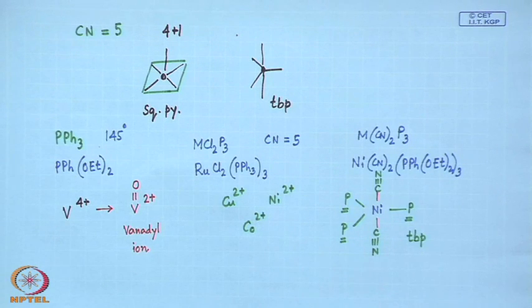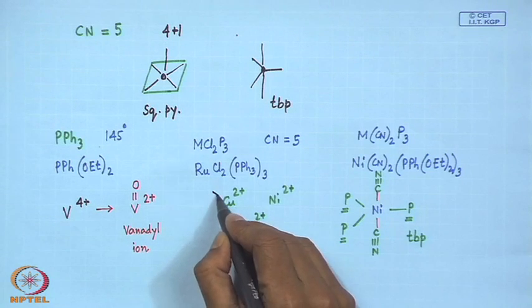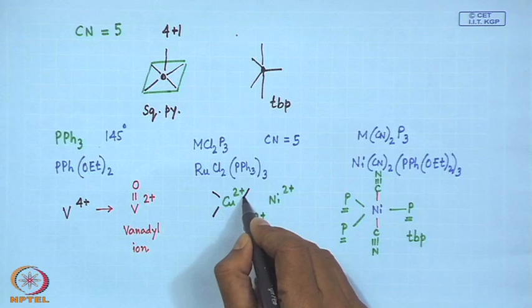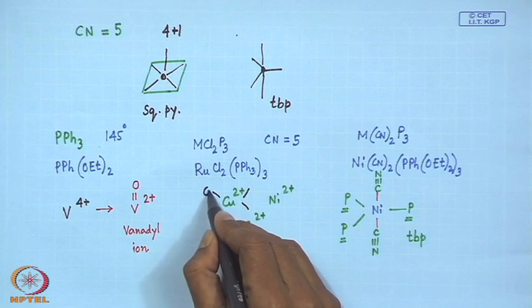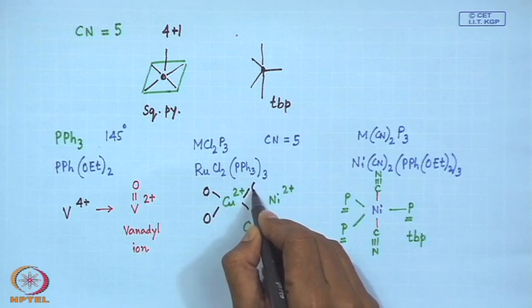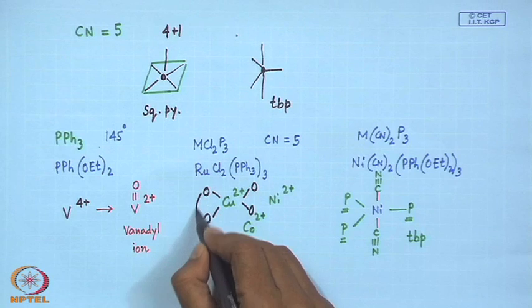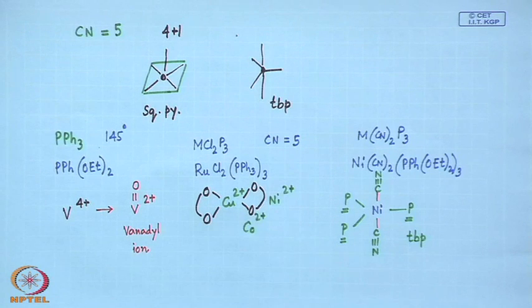So, just now we have seen that the copper 2 ion can bind to 2 acetyl acetone molecules, giving rise to a bis compound with a coordination number of 4.